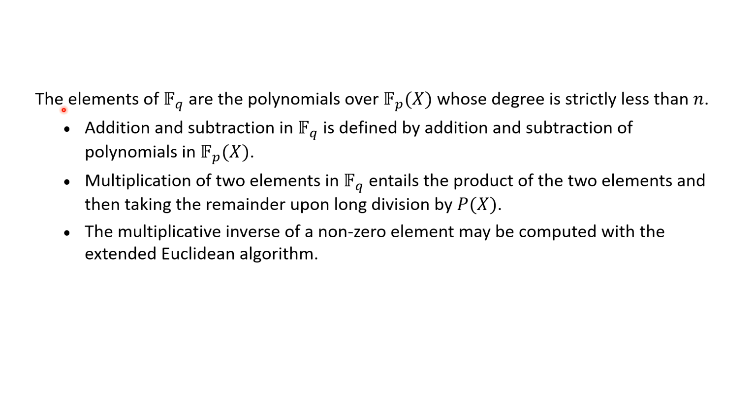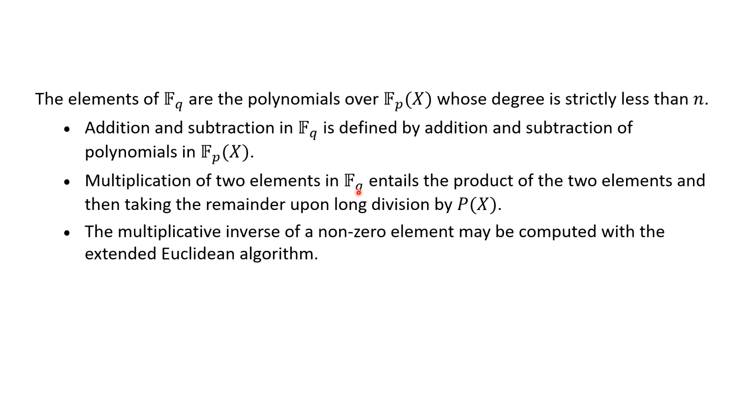I have a few more comments here concerning our algorithm from the previous slide. The elements of F_q are polynomials in F_p[x] whose degree is strictly less than n. I said that at the end of the last slide. Addition and subtraction in F_q, which, if you recall, is a quotient ring, is defined by addition and subtraction of polynomials in F_p[x].